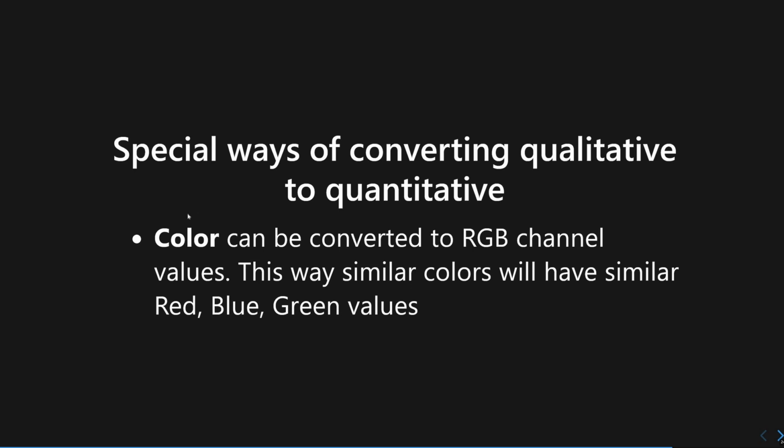And when you convert your colors, let's say red and maroon, these are similar colors, and the converted RGB values for those colors will also have similar values as well. So you preserve the ordinal nature of color.